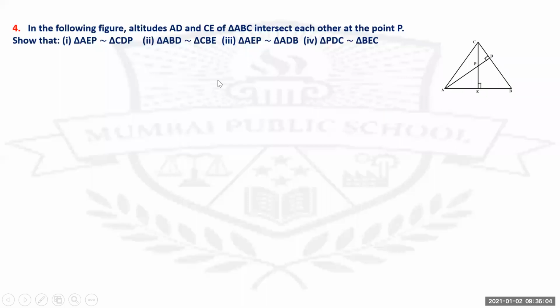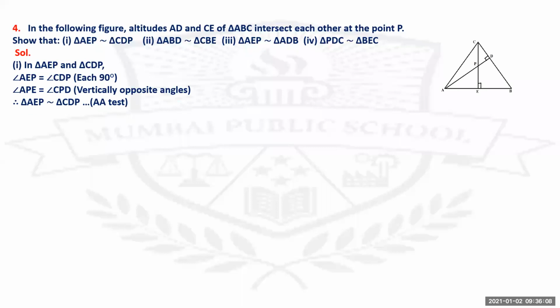Now check, I've already told you that when we are going to show two triangles similar, if the angles are given equal, the easiest test to apply is the angle test. We'll show the triangles similar by angle test. Now let's move ahead with the solution.